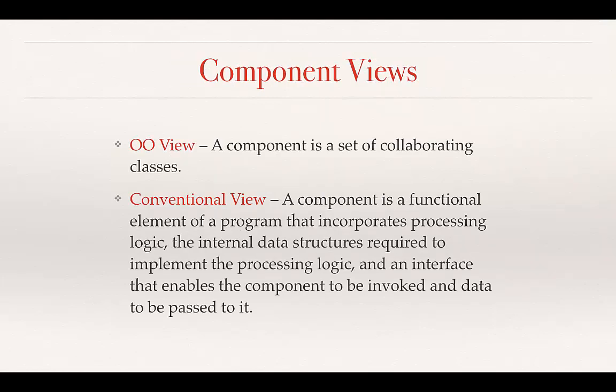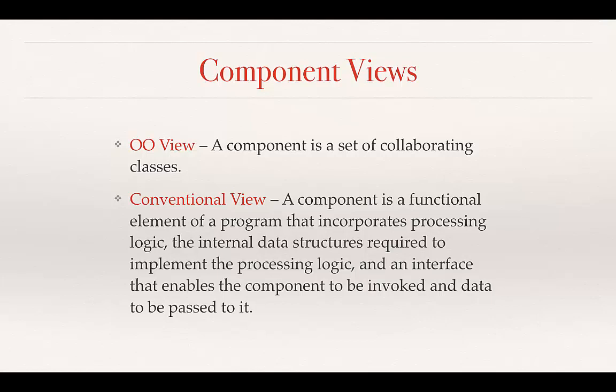Here are two different but related views on components, depending on whether you're using an object-oriented language or a non-object-oriented language. In the OO view, a component is simply a set of collaborating classes. Note that a component may be as simple as a single class.